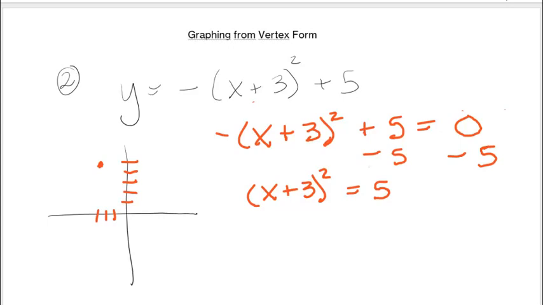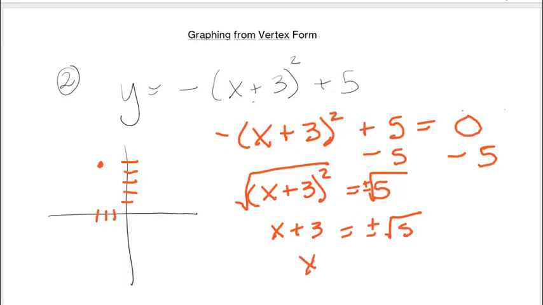I'm going to get rid of this squared by square rooting, so that's going to be the opposite. Now, whenever you take the square root, there's going to be a plus or minus. So I have x plus 3 equals plus or minus the square root of 5. And final step, I'm going to subtract 3.